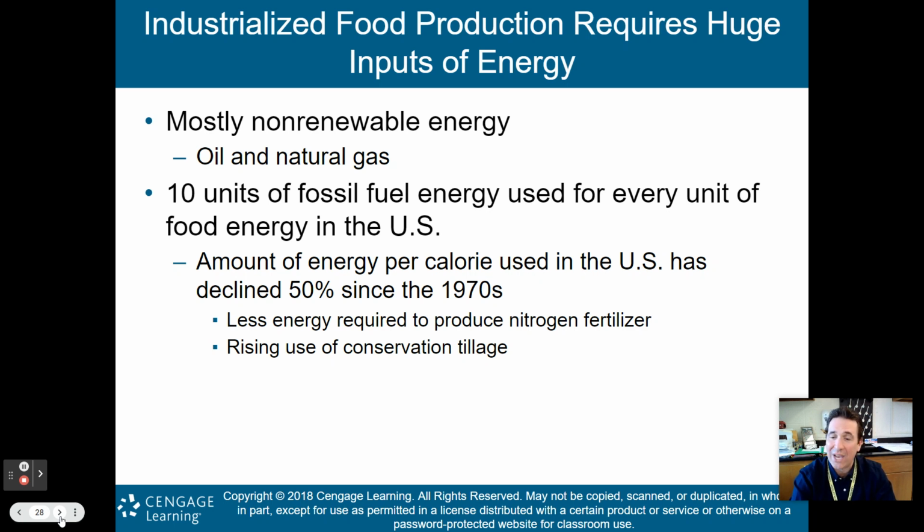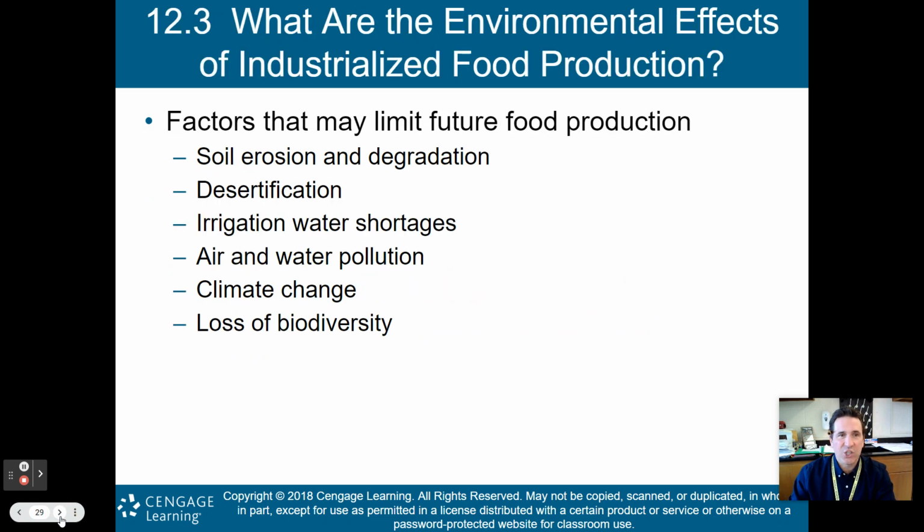Conservation tillage is a way to farm your land so that you don't get soil erosion, which again, if your soil erodes, you're not growing anything, right? So we have seen it decline a little bit, that average energy use per calorie, but still 1 unit of food equals 10 units of fossil fuel energy needed to create that 1 unit of food. We need to change those numbers. We need to bring those numbers closer together.